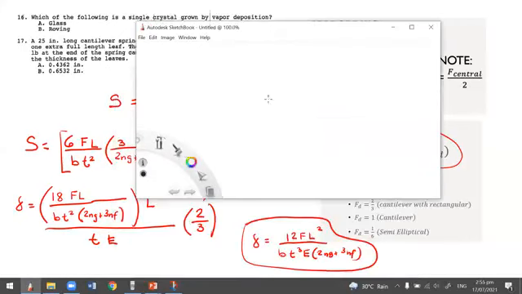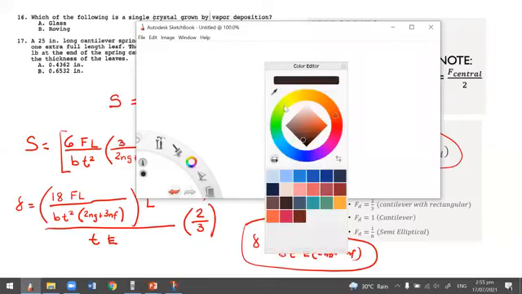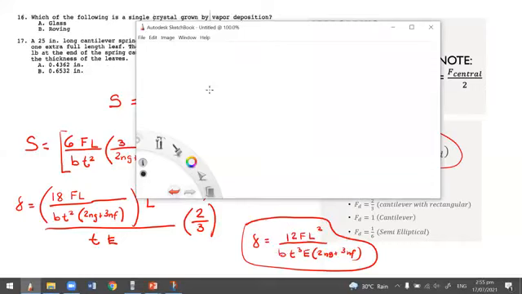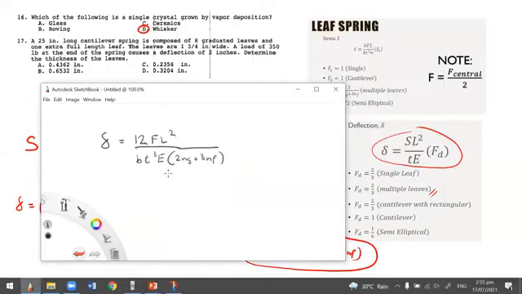So substitute na natin. Deflection is equals to 12 FL squared over BT cube E 2NG plus 3NF. 12 times force natin.